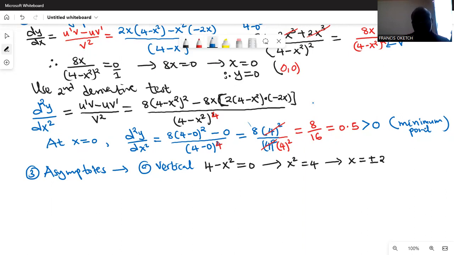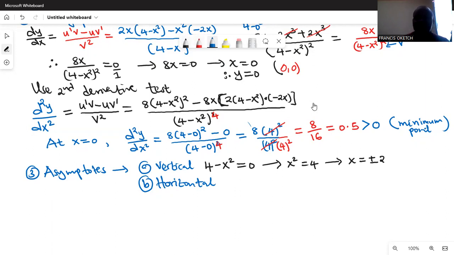We also need to find the horizontal asymptotes. Horizontal, I told you those are lines that are parallel to the x-axis. And so the equation of such a line is y equals a constant. Now we are given y equals x squared over 4 minus x squared.